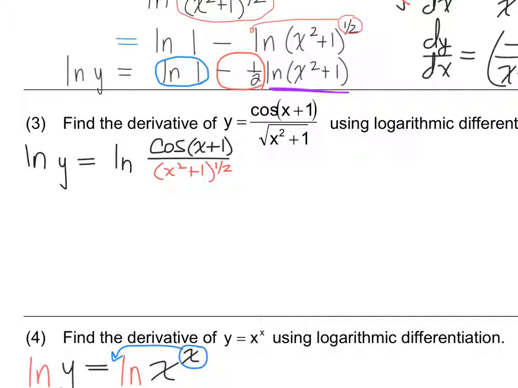that's kind of where we want to be. All right, so 1 over y dy dx is what the left-hand side is going to be. But we need to work the right-hand side a little bit before we can get to a point where we take a derivative. All right, so let's just continue this, just looking at this expression. We have a quotient within a logarithm. What does a quotient expand out to become? In a log, division becomes subtraction.